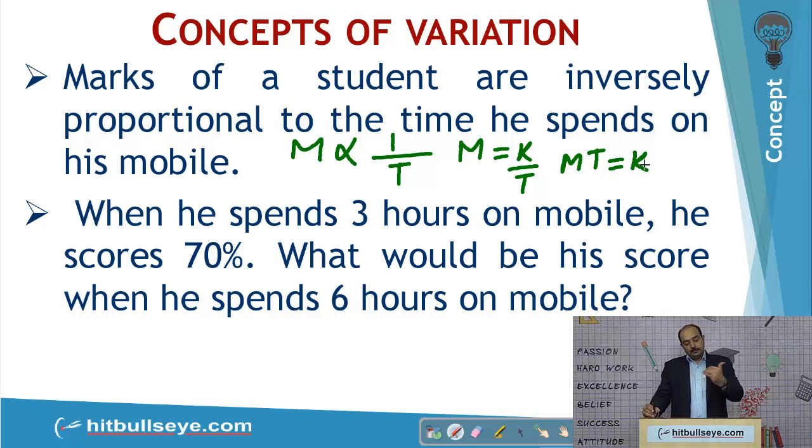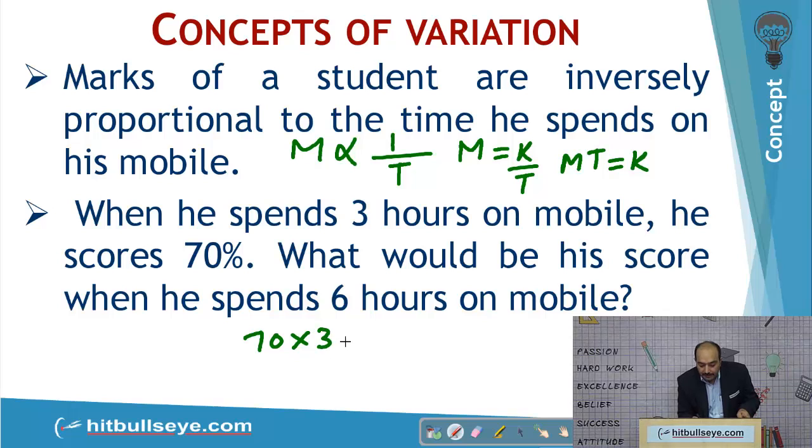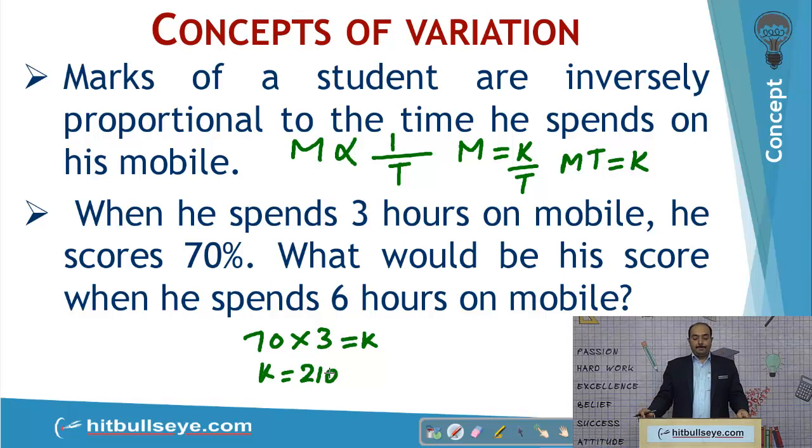We'll use this in the information given below. So when he spends 3 hours on mobile, he scores 70%, which means 70, the marks, into the time taken, that is 3, equals k. So we get k as 210.